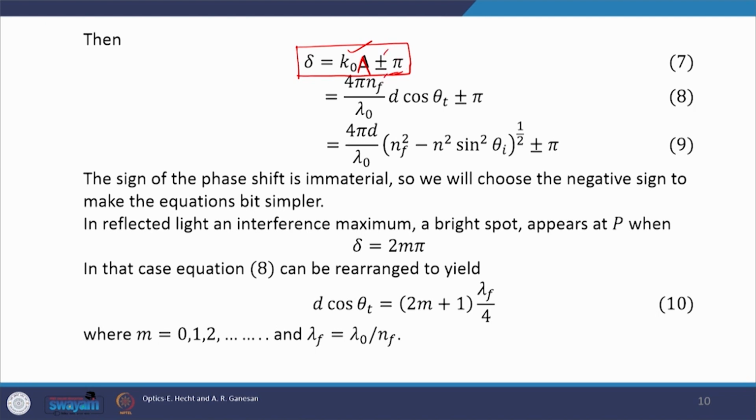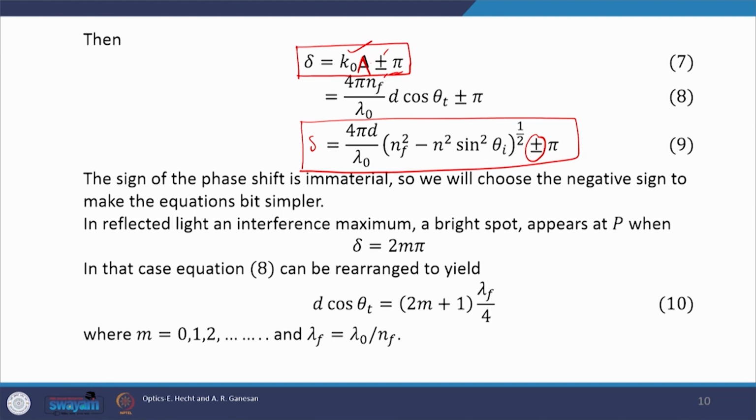Now, let us substitute for the expression of cap lambda, then we get 4, and k naught is equal to 2 pi by lambda naught, and after a bit of simplification this is the expression for phase difference. The sign is immaterial and therefore, let us pick one particular sign, and here we pick minus because this gives a bit simpler expression.